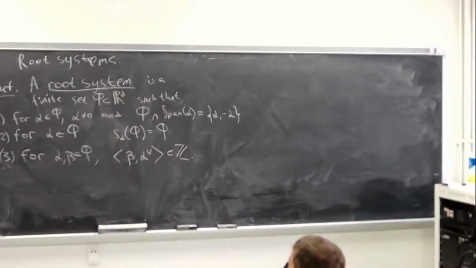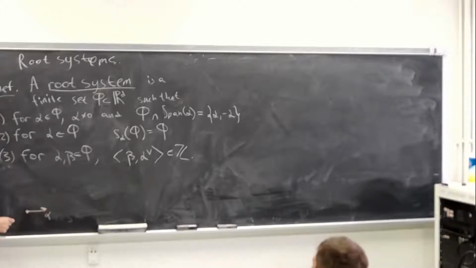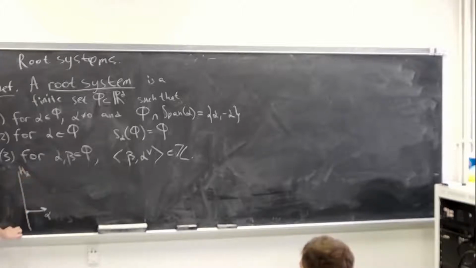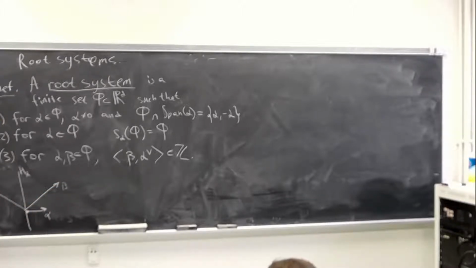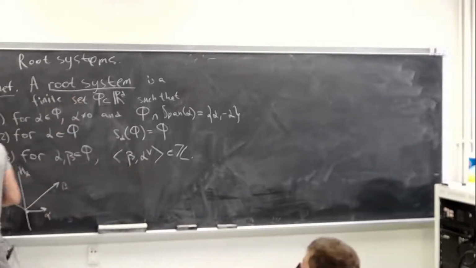Has to be an integer, and what does it mean? It means that the picture should look like this. You have your vector alpha, and then here's your hyperplane H alpha, and then you take your vector beta and you reflect it to get S alpha of beta. So then what is this dot product here? This dot product is how many multiples of alpha we have to subtract to go from beta to its reflection.